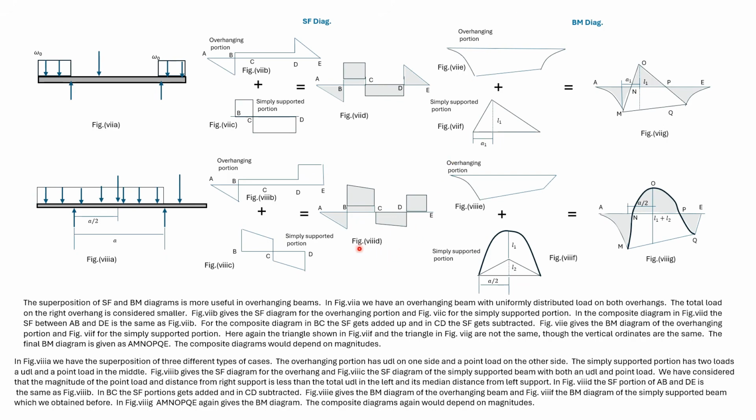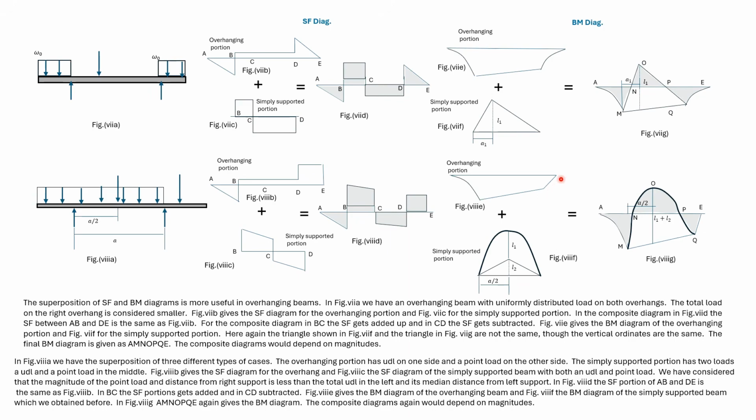Here we look at the composite diagram. Again, the portion AB and DE is directly taken from the overhanging shear force diagram. The portion BC is added up and the portion CD gets subtracted. This is the bending moment diagram for the overhanging portion.